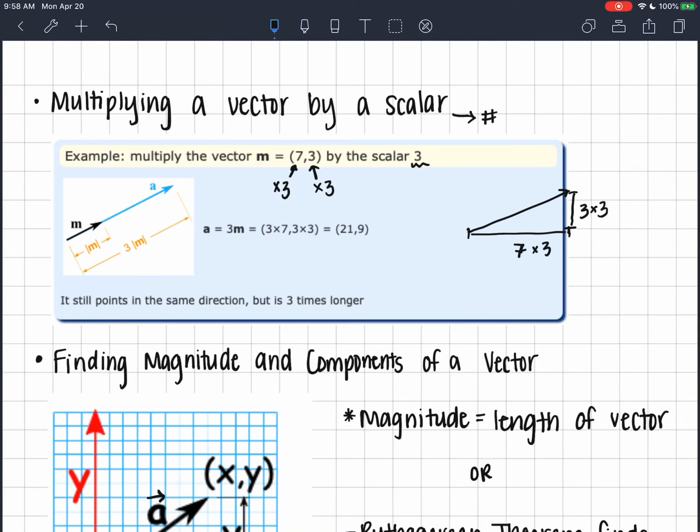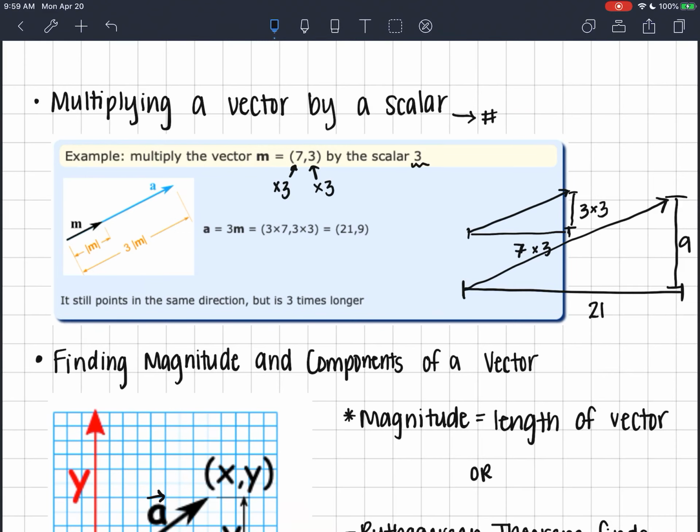I'm going to end up with a new x coordinate that's 21 and a new y coordinate that's 9, but my vector's direction is still going to be the exact same. All that's really happened is it's gotten longer, by a factor of 3. I'm effectively tripling the size of this vector.